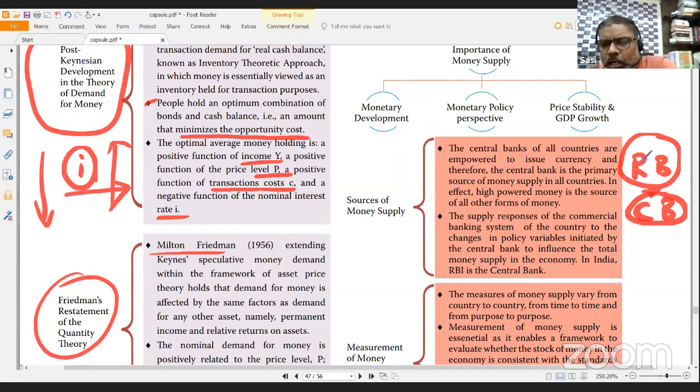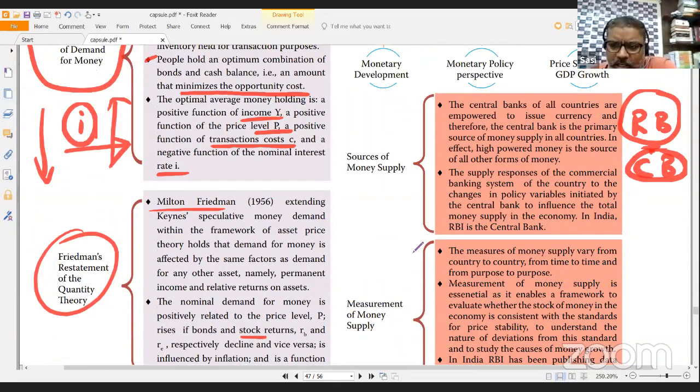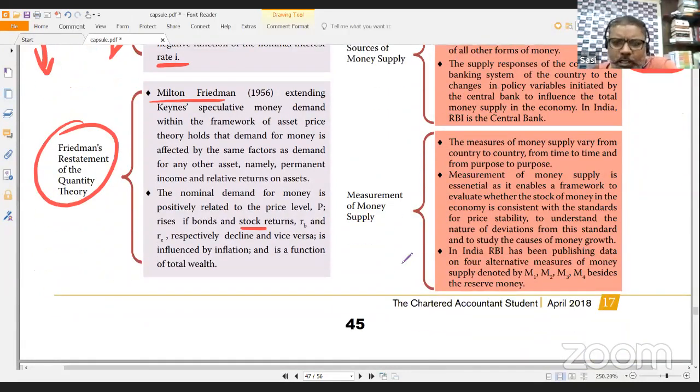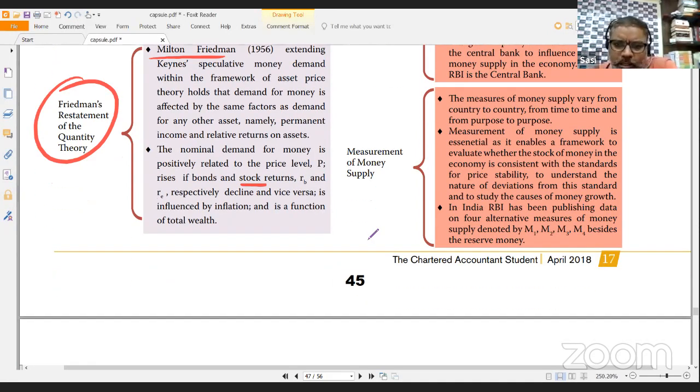Commercial banks cannot print the currency, but what they can do is create credit money. And that is how, in the credit creation process, they multiply the money that is originally there. So the money sources in India are broadly two: the Reserve Bank of India and the commercial banks. The entire banking system is the source of money supply, we can say.